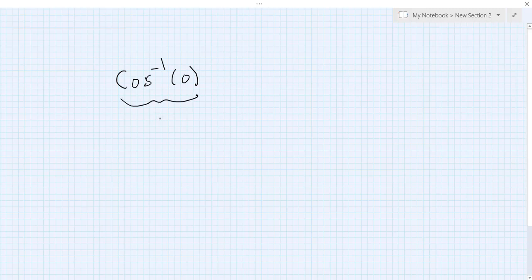Let's look at our final example. Let's say you have inverse cosine of 0. This whole thing represents some theta such that cosine of theta is 0. Now, cosine of what is 0?